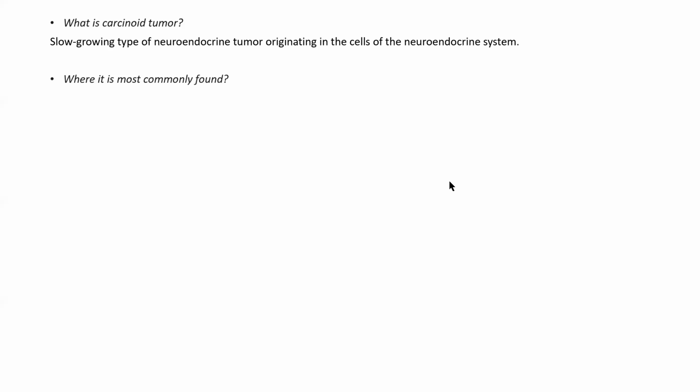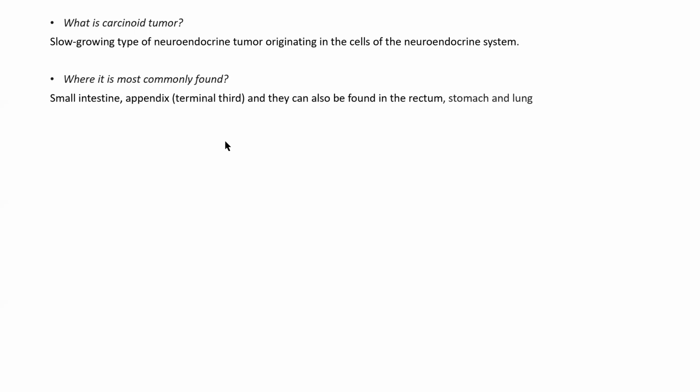Where is it most commonly found? It is most commonly found 90 to 95% in the small intestine, ileum and the appendix, but can be found in other places like the rectum, stomach, and lung. What is the most common secondary site of metastasis?